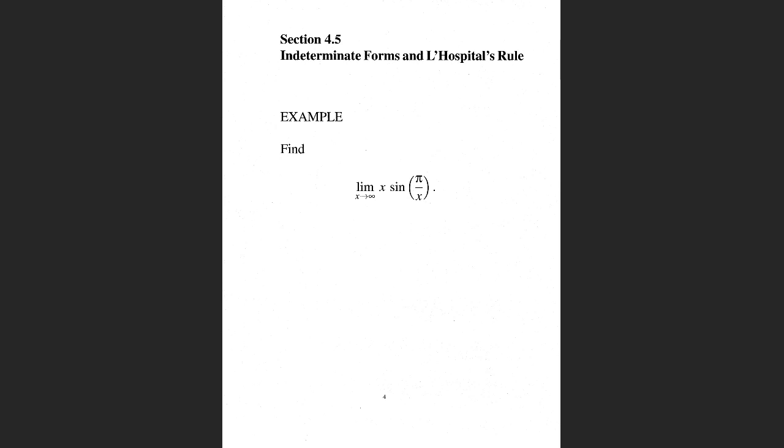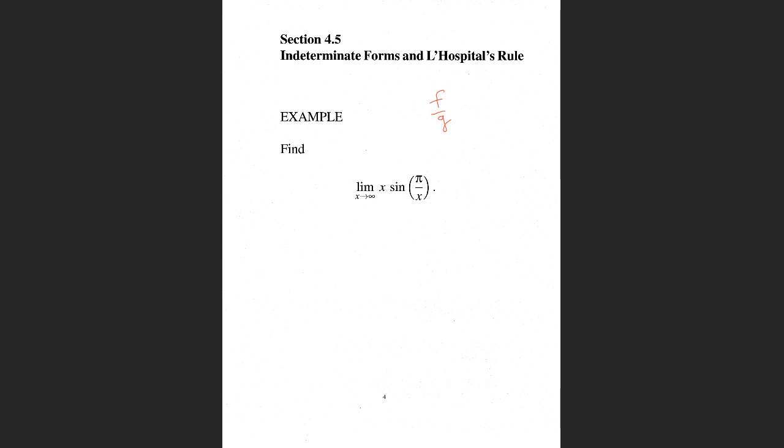Okay, so we have the limit as x approaches infinity of x times the sine of pi over x. This is kind of interesting. So do we have an f over g here? Do we have the ratio of two functions, or do we have the product of two functions?